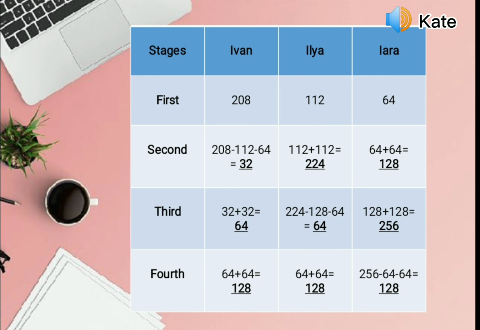Then 224 minus 112 minus 64 is equal to 48 for the second stage check. Next, for Ayara, we add 128 plus 128 is equal to 256. Then for Ilya, 64 plus 64 is equal to 128.